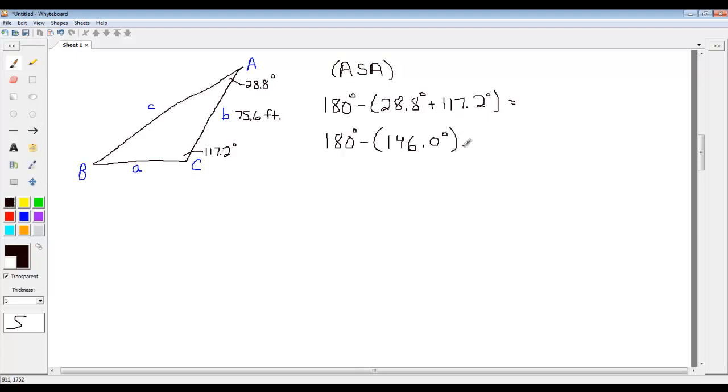Okay, I'm getting 146 degrees for that sum, and then when I subtract, I'm getting 34 degrees. Okay, so I know then that this angle here is 34 degrees.